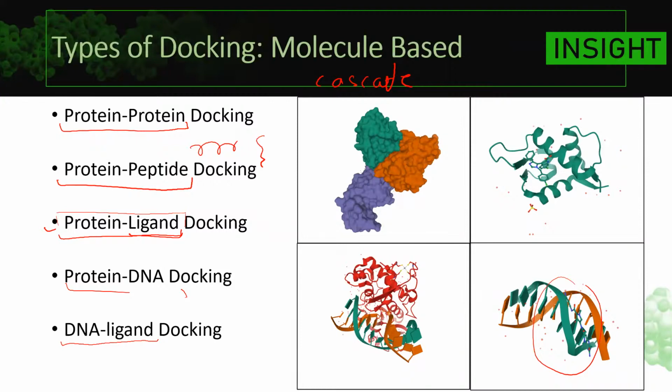So to understand all of these different types, we have different types of molecular docking that have been developed. For each one of these, we have a different software, different tool available to perform these kinds of analysis. So essentially what we are doing is, let's say you want to understand the interaction between the two proteins. You understand the role of the protein structures, how they are important. You understand how they can be produced on computer, and how we can use an appropriate program to understand their reactions.